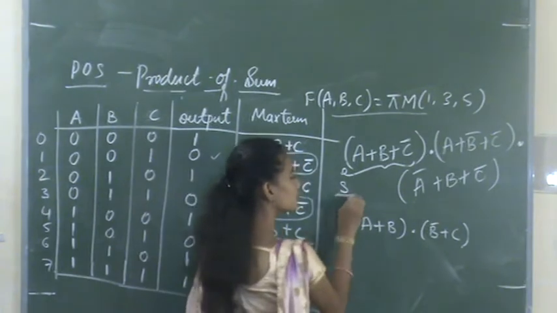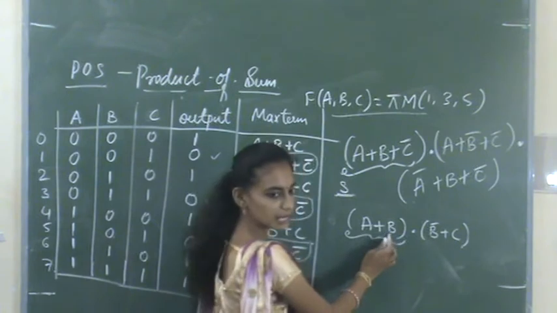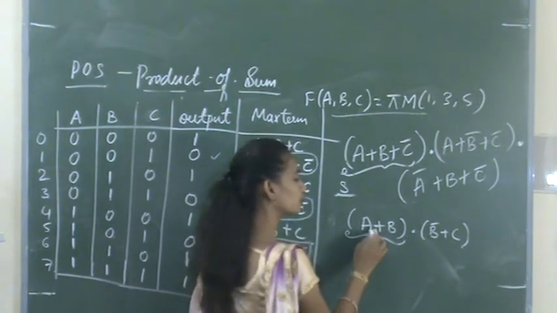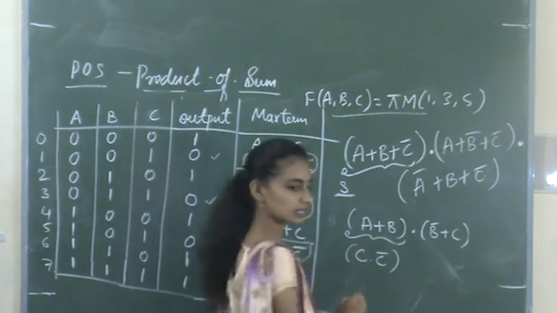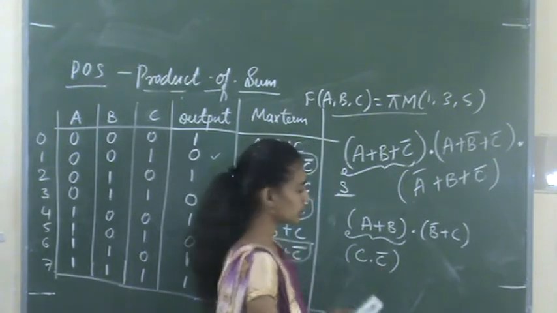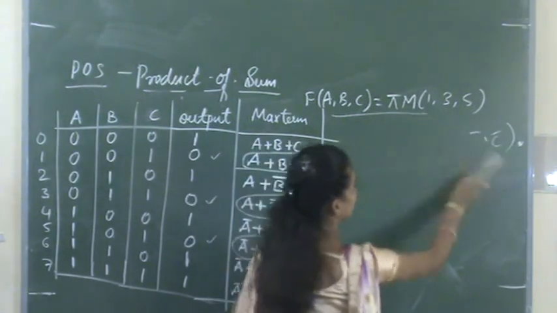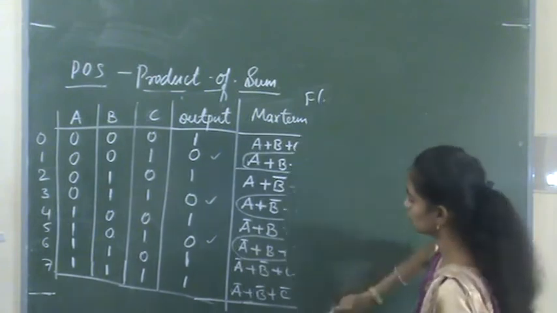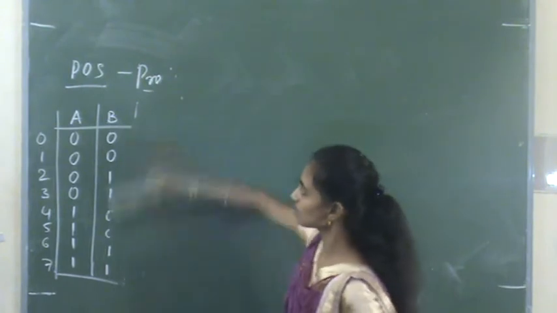Standard means all three variables have to be present. Check in this sum term, are all three variables present? No. So what we have to do is add C plus C bar, and then convert it into standard POS. So these are the two different forms of canonical form: one is POS, another one is SOP.